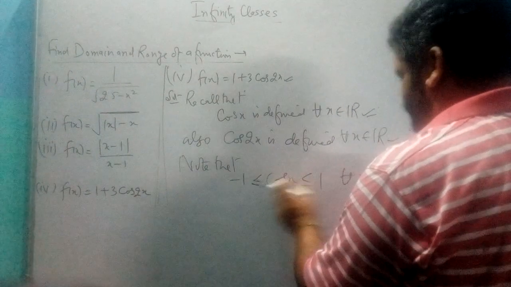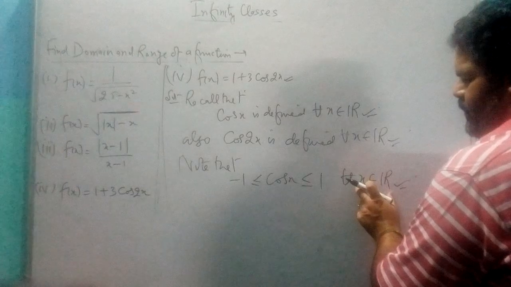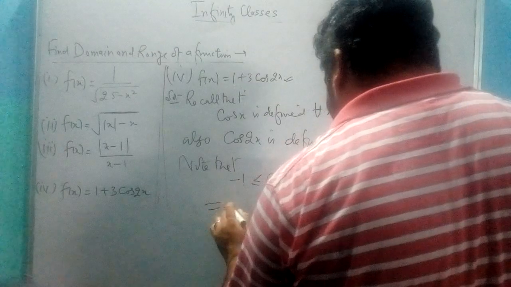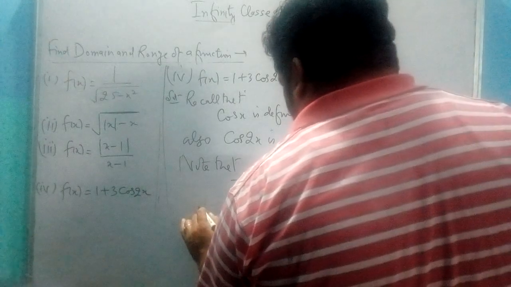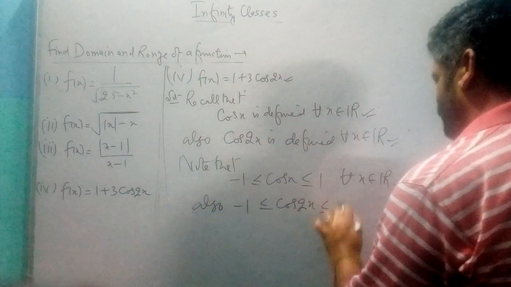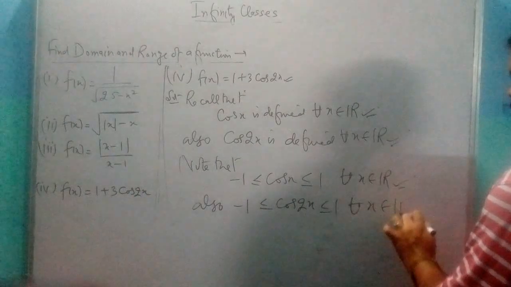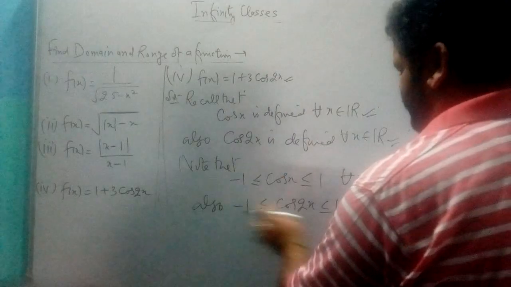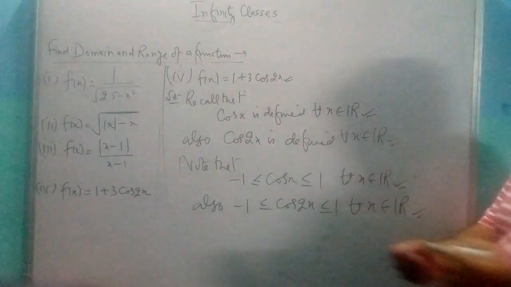The domain of cos x is set of reals and range lies between minus 1 to plus 1. Also, if angle is 2x, then again its value lies between minus 1 to plus 1. Either angle is x, 2x, x by 2, 3x, its value always lies between minus 1 and plus 1.